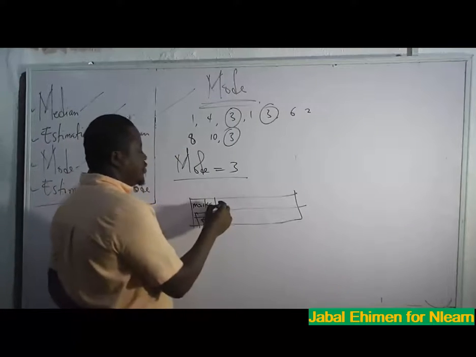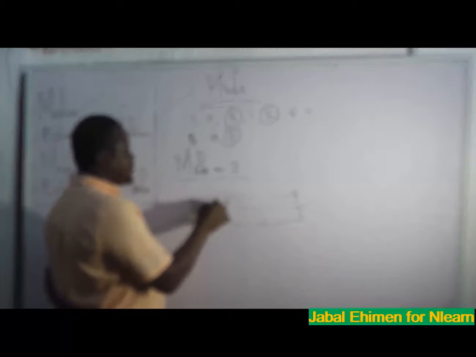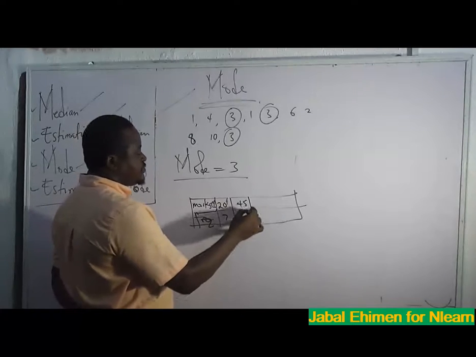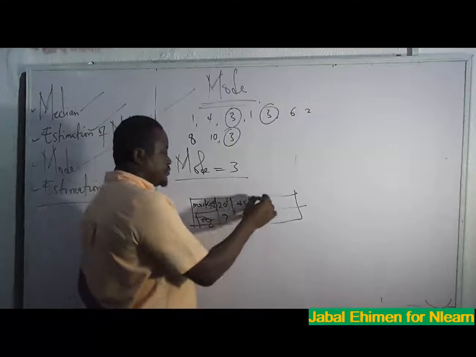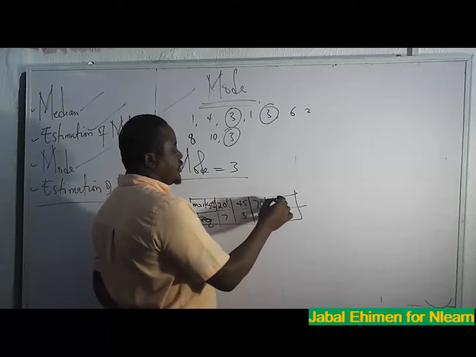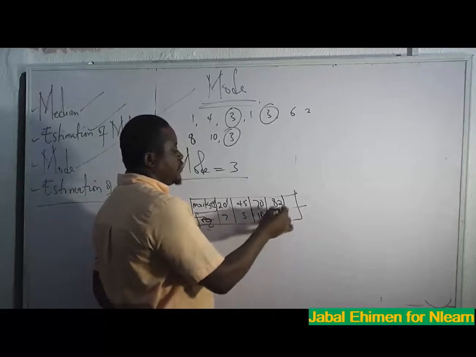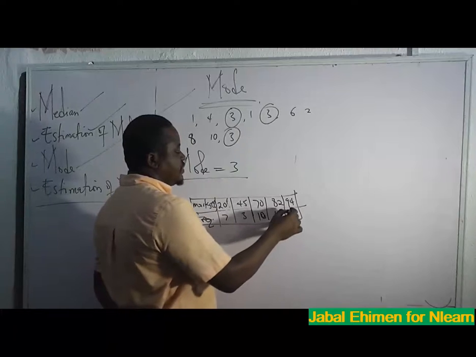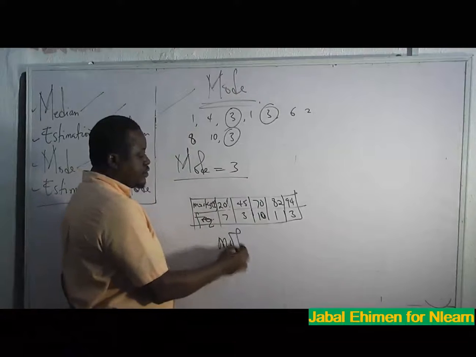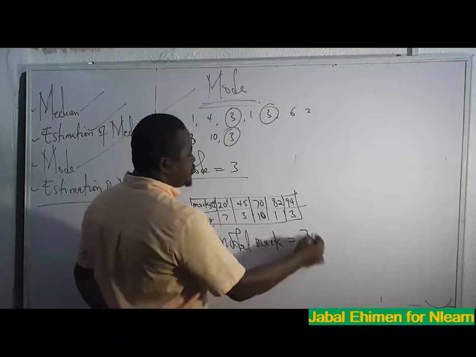Suppose we have 20%, maybe in percentage, appearing 27 times, 45% came 3 times, 70% appeared 10 times, 82% appeared once, and 94% appeared 3 times. So if you look at it from here, what's the modal mark? The modal mark here is equal to 70%.